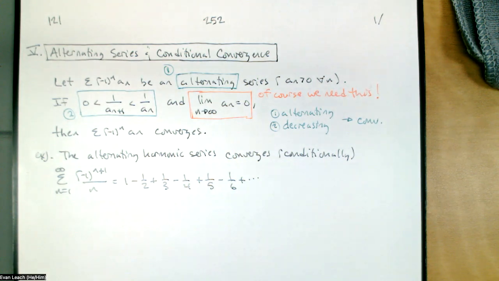We have alternating, the terms decrease, and the limit of the terms is 0.